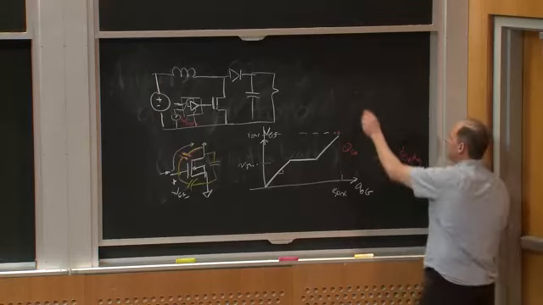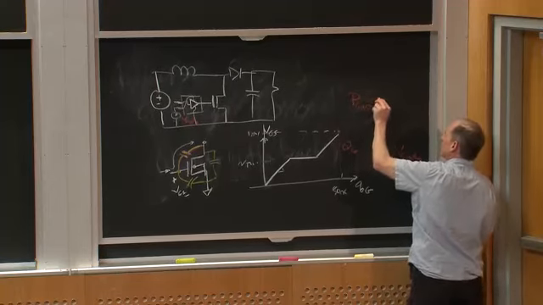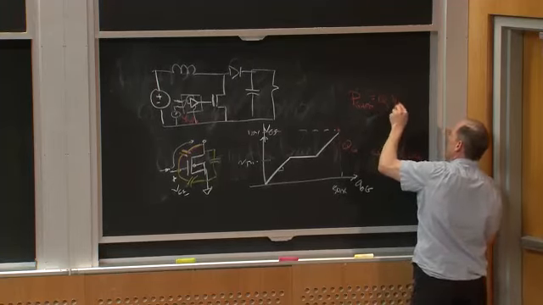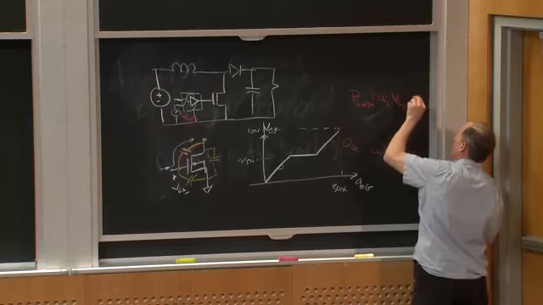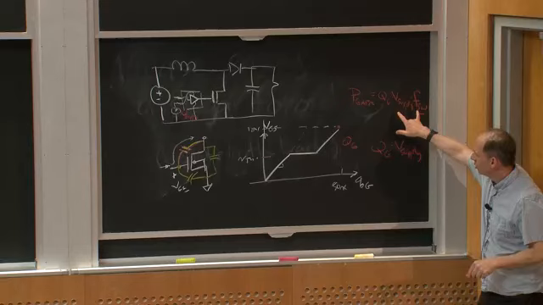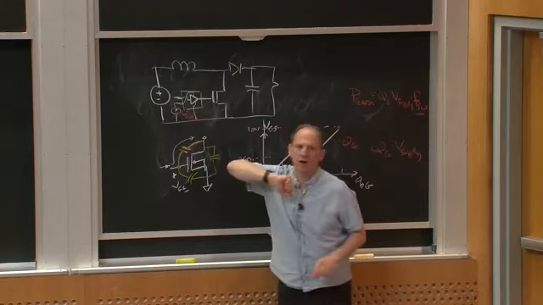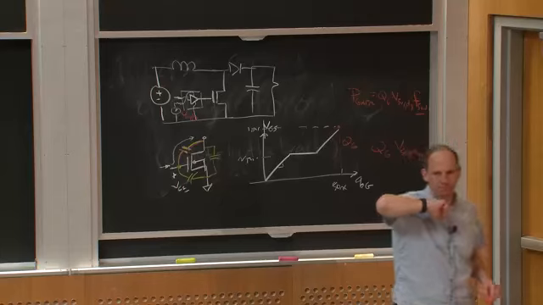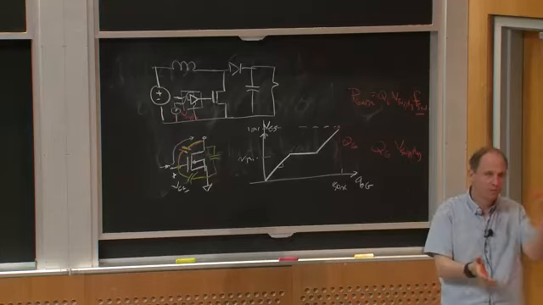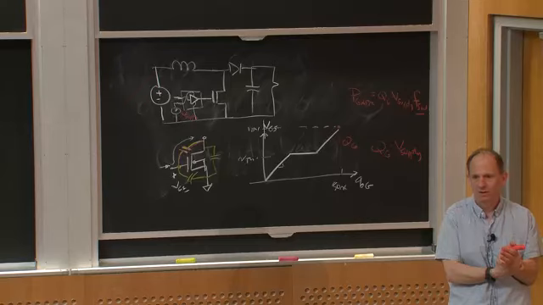So P gate might be equal to Q sub G V supply times F switch, the number of times I'm turning the switch on and off per second. Notice that it has nothing necessarily to do with the gate drive internal resistances, for the same reasons we talked about when we talked about switch capacitor converters. Any questions about that?